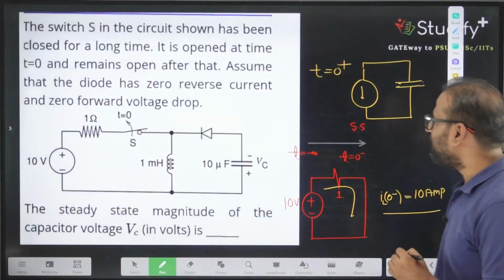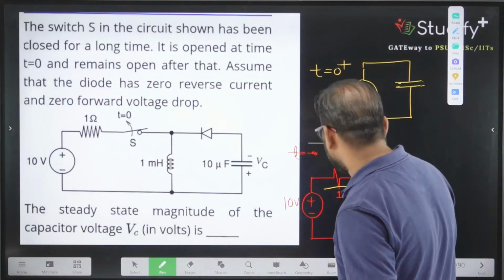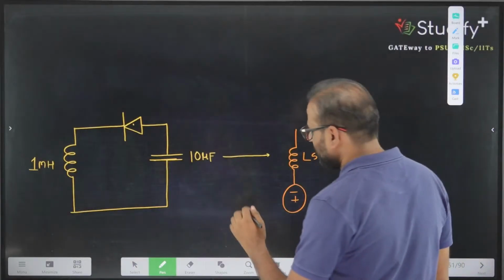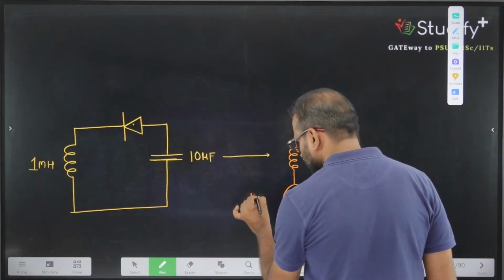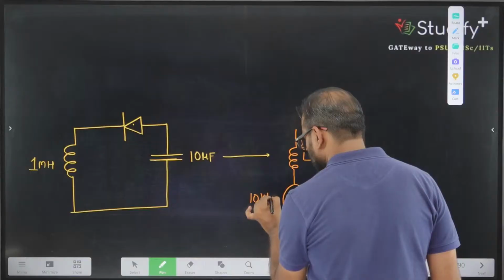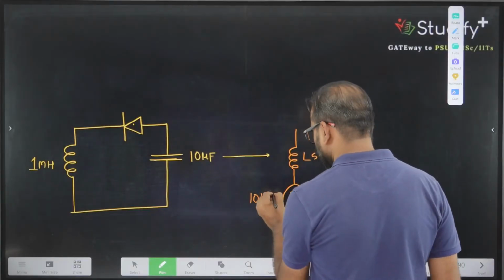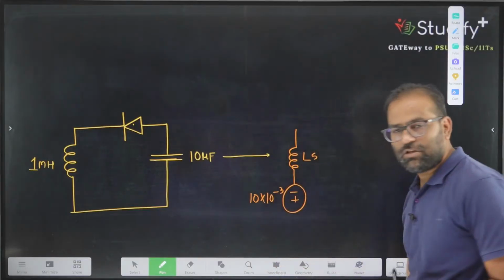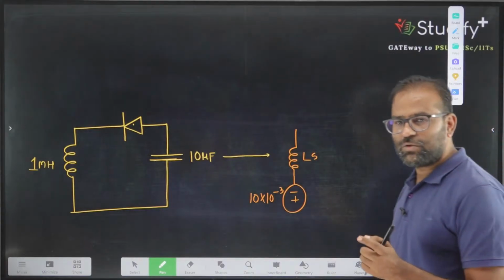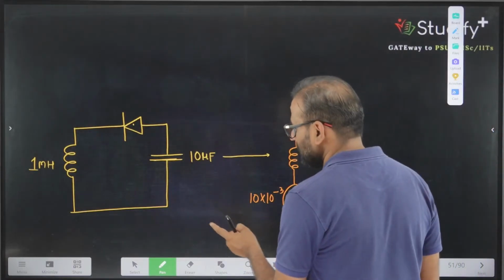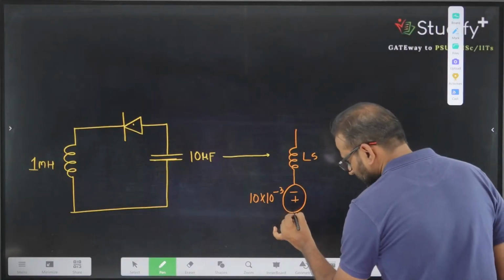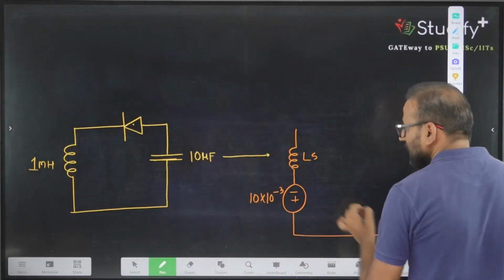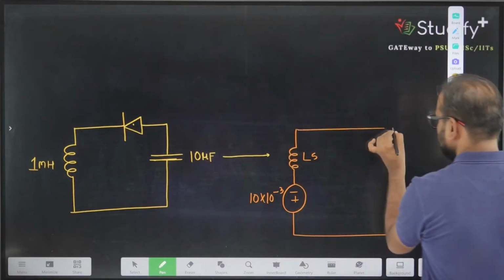The initial value is 10 ampere. So 10 ampere into L, where L is 1 millihenry. So I0 minus into L is 10 into 10 raised to the power minus 3. And here we are having 1 by CS.